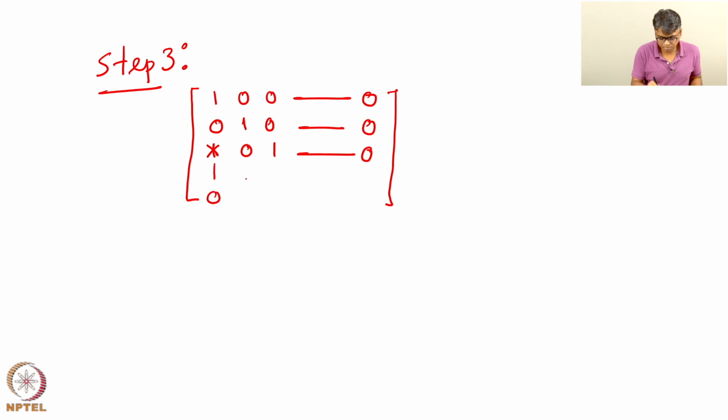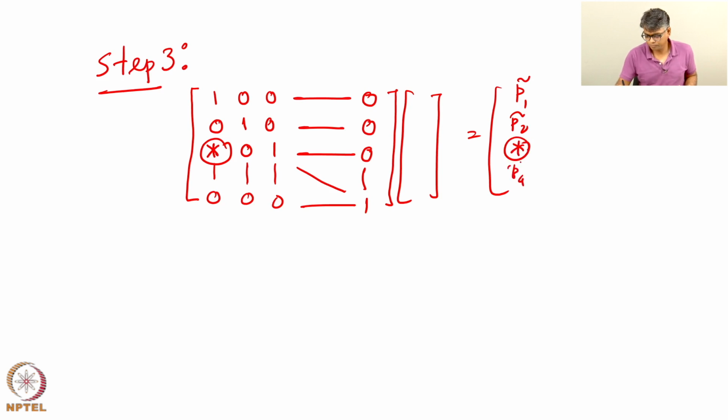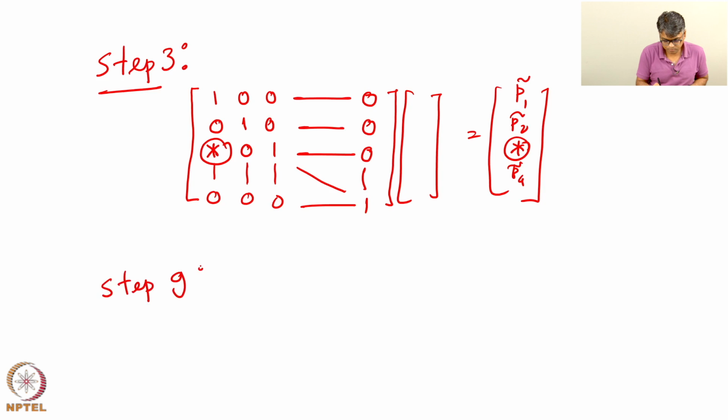Once again this is a perturbation of the identity matrix by just this entry, namely the 3 1 entry, that acts on this polynomial, and p3 tilde is the one that changes. Everything else remains the same. Okay. I hope you understand what is going on, and I keep doing this till step g. So till step g I just use the first polynomial to do division with remainder to change the second, third, fourth and so on, all these polynomials.